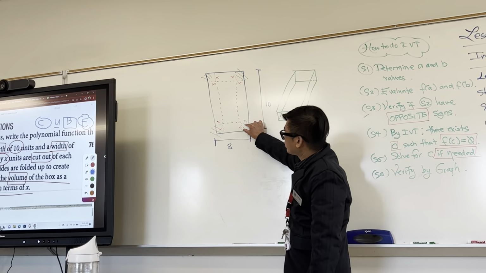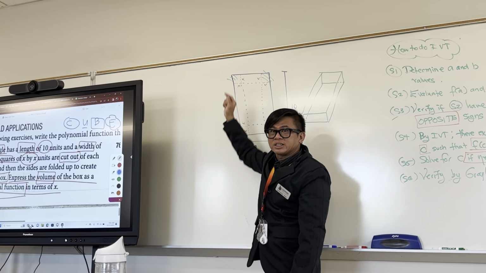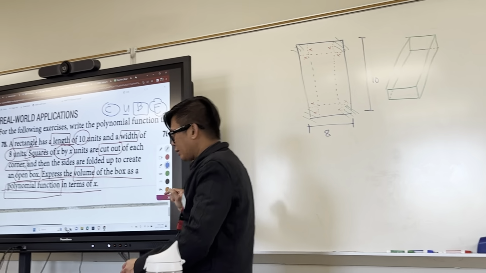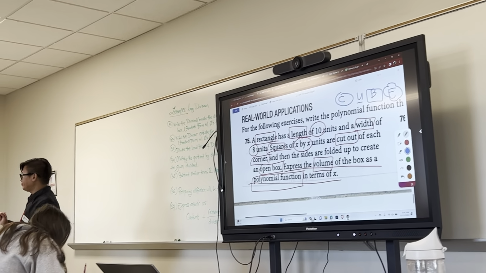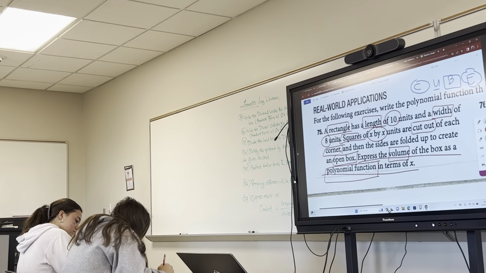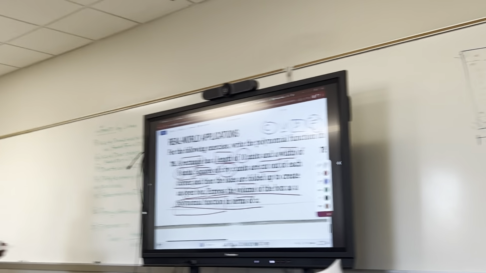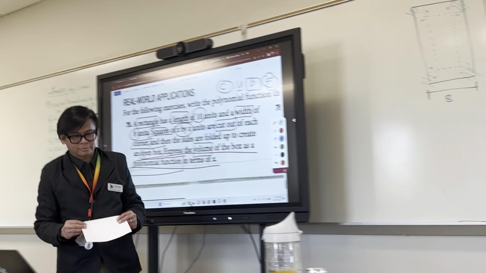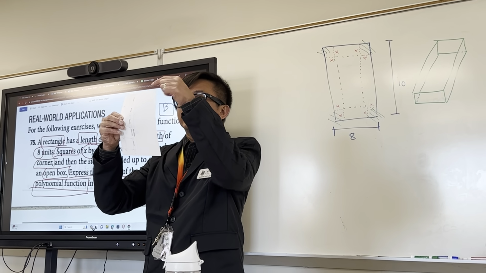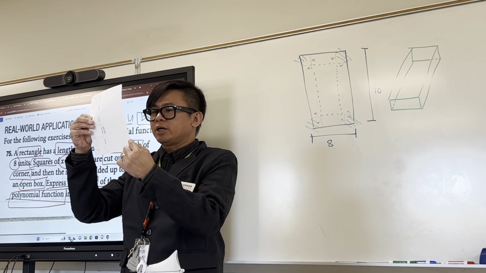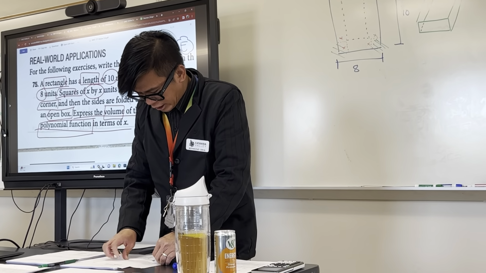So once again, you cut out this square, that square there, that square there, and that square there. So what we're gonna get? An open top box like such. For example, this is a rectangle, right? You're gonna cut out a square in here, square in here, square in here, and square in here. And with that being said, it's gonna look like this one in here.